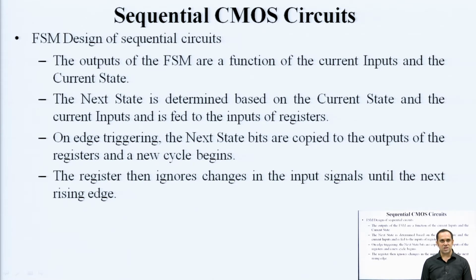Once the next state is updated, the registers do not become active until your next cycle arises. Any change might happen at the input in this time, but that is not reflected in the next state. That is why we said that sequential circuits allow more user control as compared with combinational circuits.